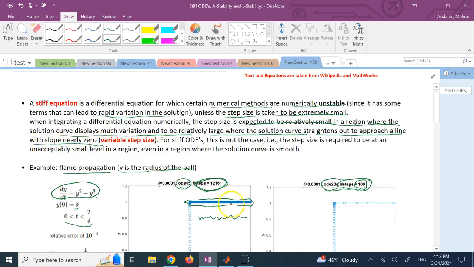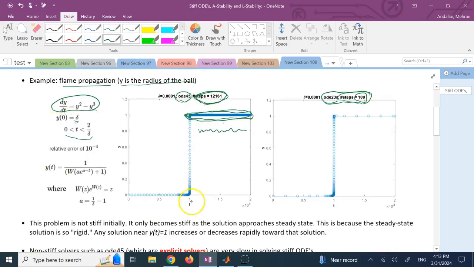Because the curve is almost flat with not too much variation, I do not expect a large number of steps to be taken in this region, but you see that it is.